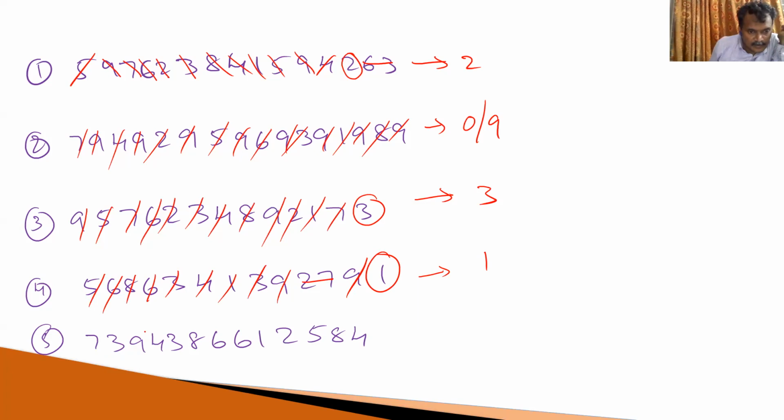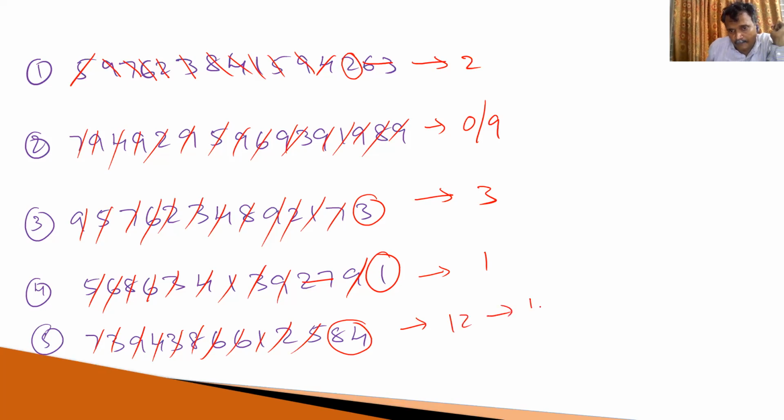Next, 9 cancel, 6 and 3 cancel, 6 and 3 cancel, 8 and 1 cancel, 2 and 7 cancel, 5 and 4 cancel, only 2 digits left, that is equal to 12. And 1 plus 2, that is equal to 3. So what is the answer? That is equal to 3.